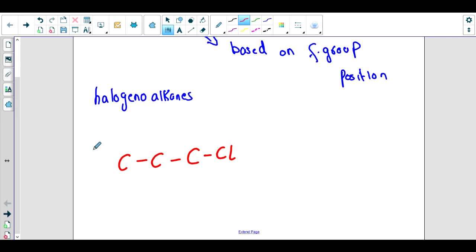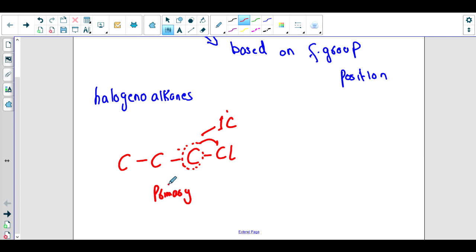No restriction on the other carbon, it can connect to as many as it wants, but the one connected to the functional group should be connected to one carbon only. This is called a 1 degree carbon because it's connected to one more carbon, and this compound is classified as primary.